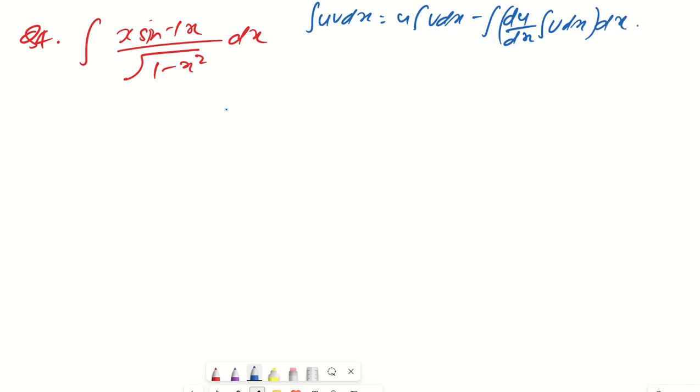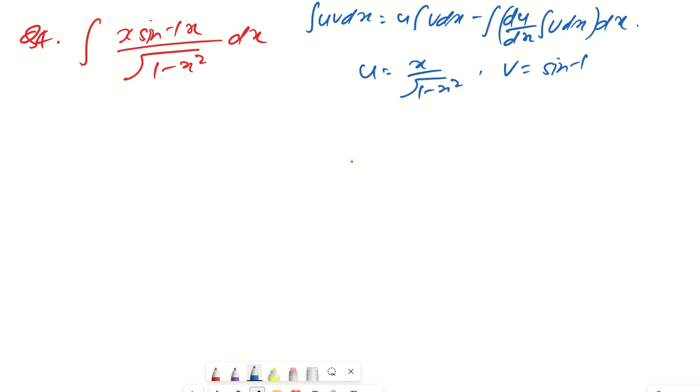Now let us say I am going to consider u as x by square root of 1 minus x square and v as sine inverse of x, because integration of, or what we will do is we will do the opposite way, we will take this one as u and the other one as v.